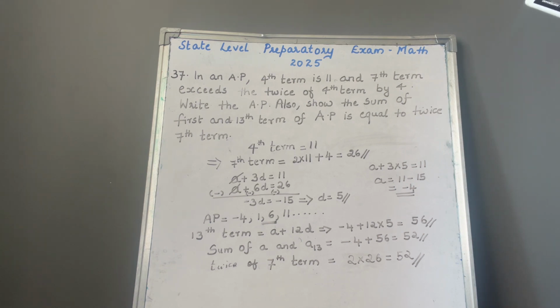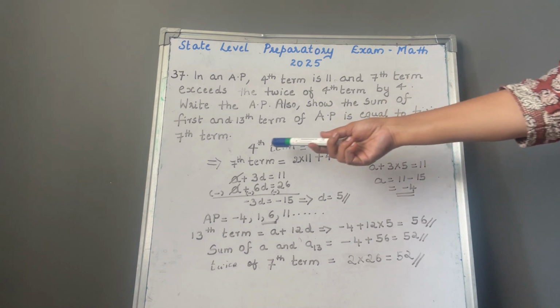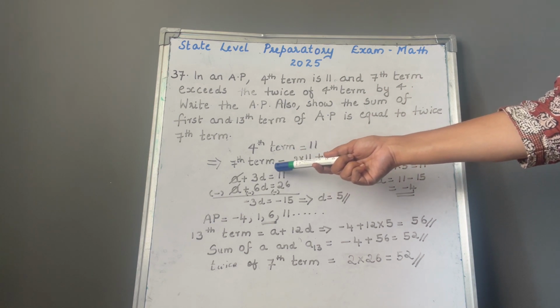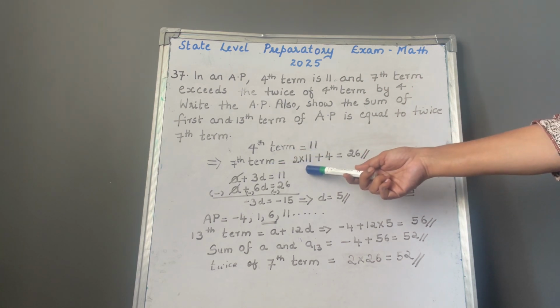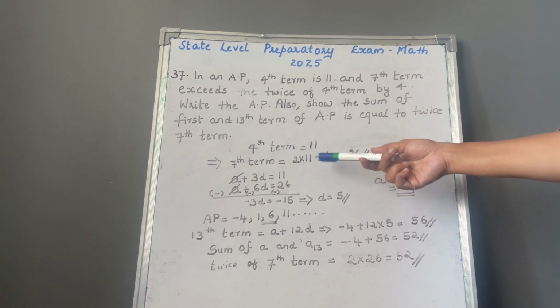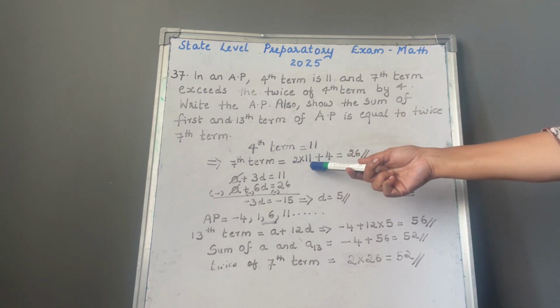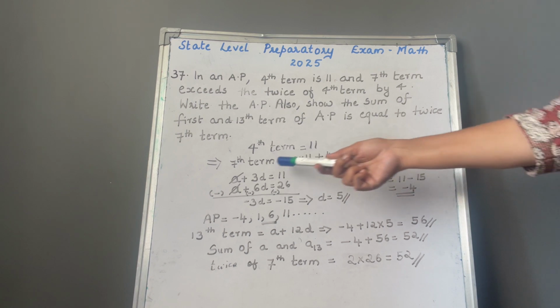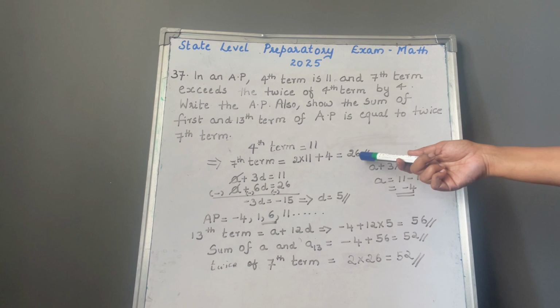So here it is given that the 4th term is 11. So we have written the 4th term is 11, and the 7th term exceeds twice the 4th term by 4. So 2 into 11, twice the 4th term, plus 4, which gives the 7th term as 26.